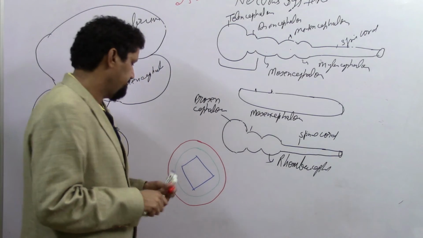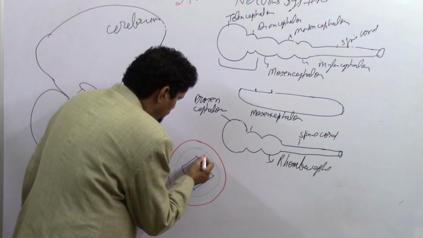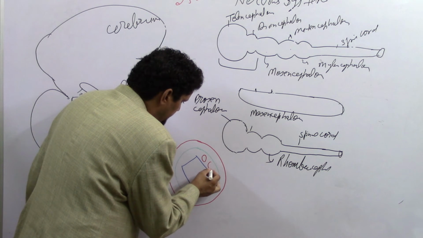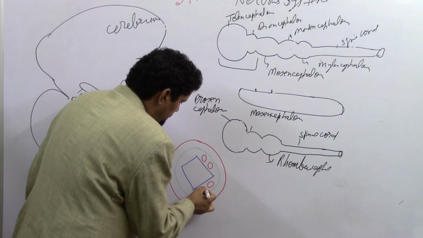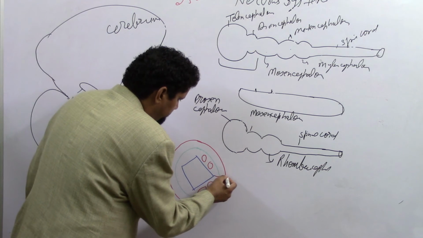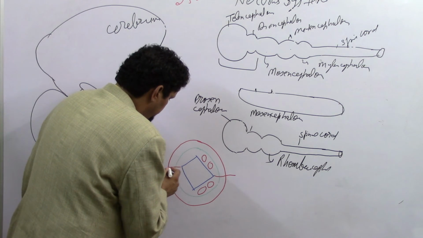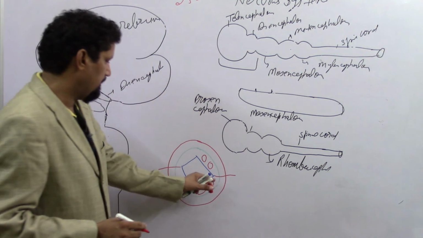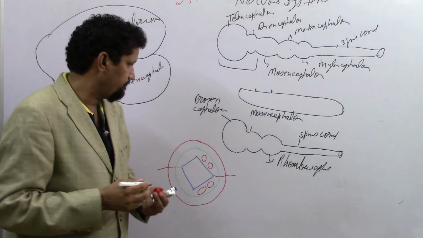It has 4 types of nuclei, and this part of the neural tube is known as the sulcus limitans.